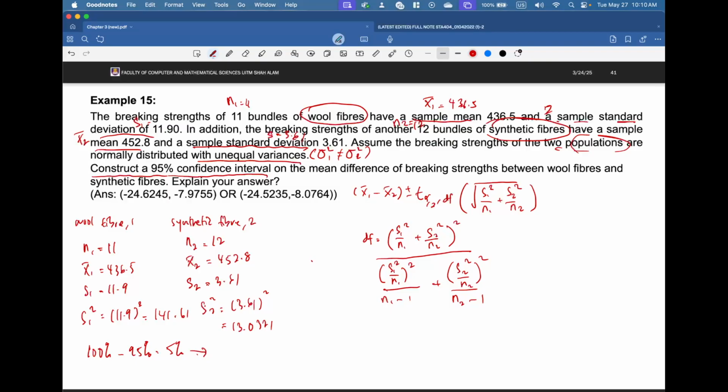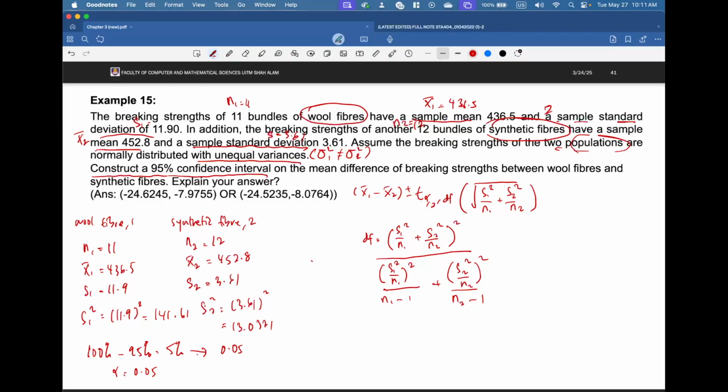Converting 5% to a decimal, we get 0.05. So our alpha is 0.05. That is the information given to us in the question.